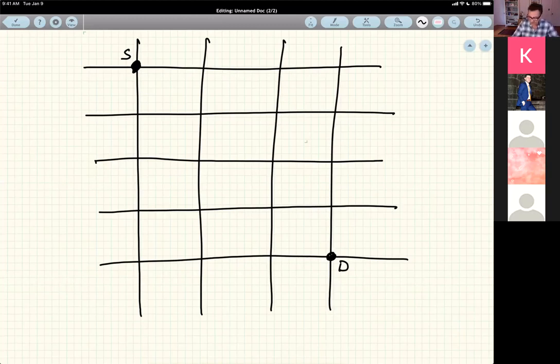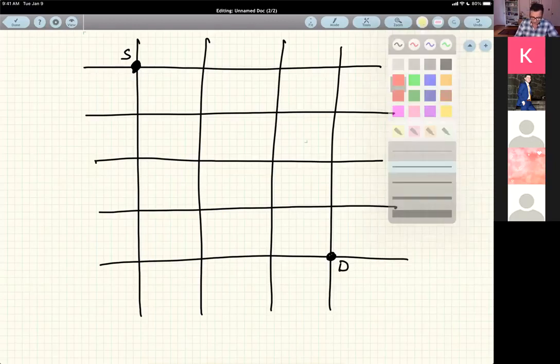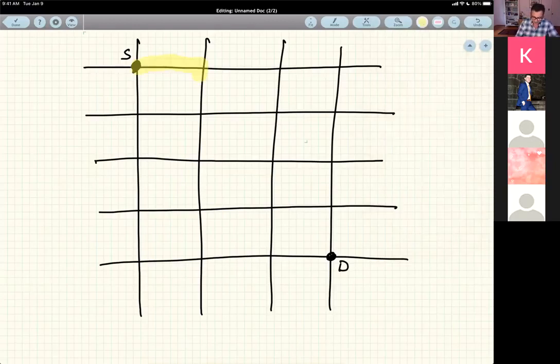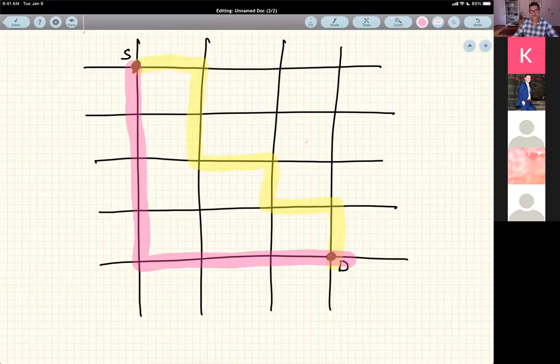Well, GPS will essentially figure out that there is a path, for example, that takes you like this from the source to the destination. But there's another path that goes from the source to the destination as well. And which one of them is shorter? Well, the yellow path is 1, 2, 3, 4, 5, 6, 7 edges.